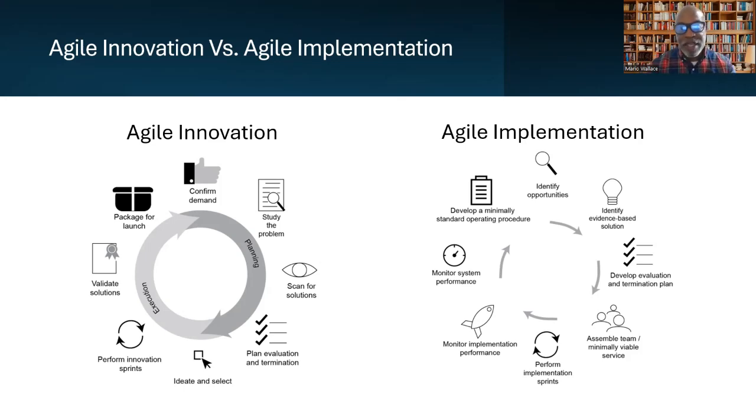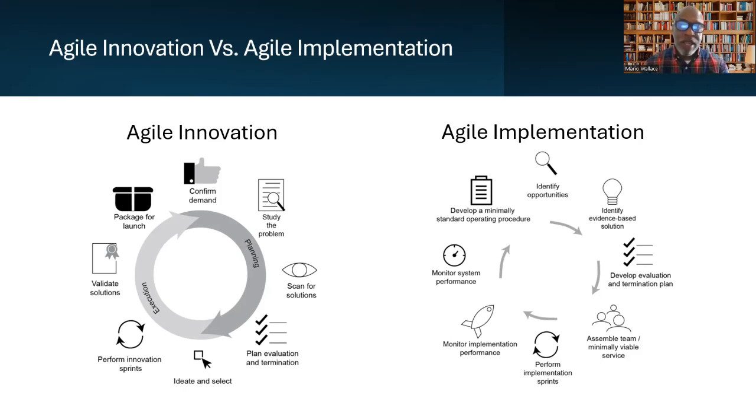When it comes to Agile innovation, the second step is study the problem. If you search for a solution within an academic database, an academic journal, or academic literature, and you cannot find an existing solution that's published, then you have to look within the organization and identify workaround solutions that seem to work, or you have to identify steps that you can take and test, or create a system that you can take and test, run iterative sprints on.